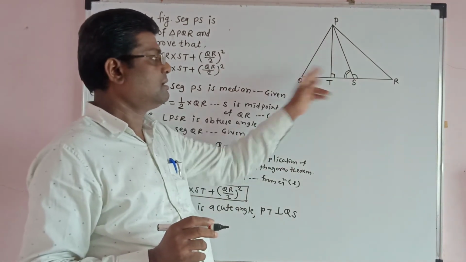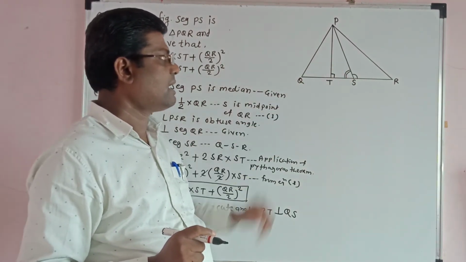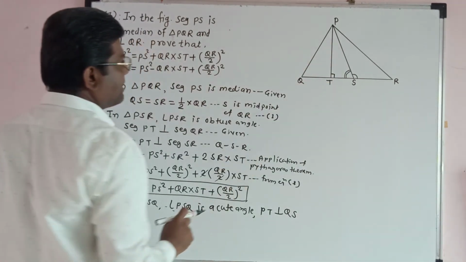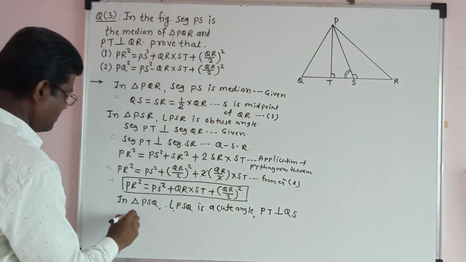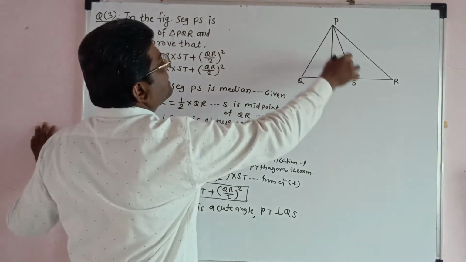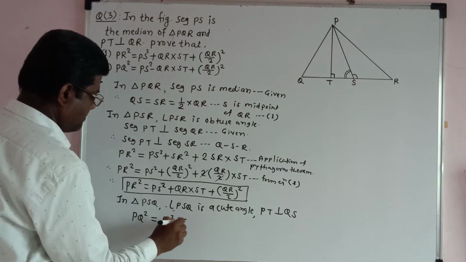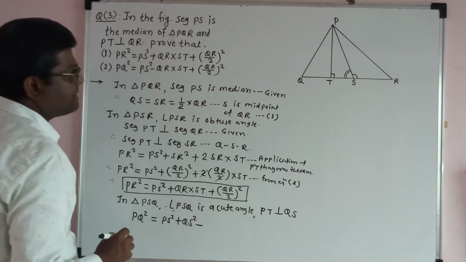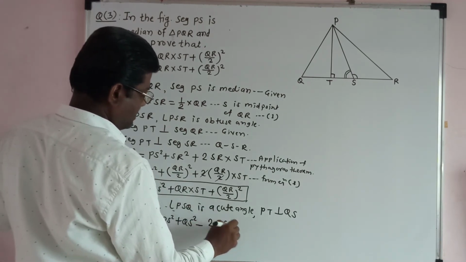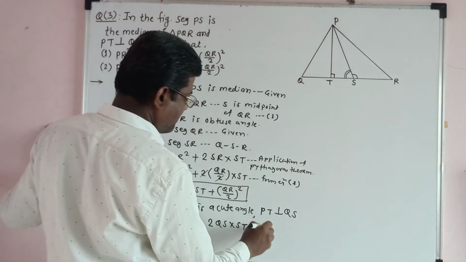So apply application of Pythagoras theorem for this triangle. This is an acute angled triangle. So side opposite to this angle is PQ. Therefore PQ square is equal to remaining two sides square, PS square plus QS square minus 2 into QS into ST. This is application of Pythagoras theorem.